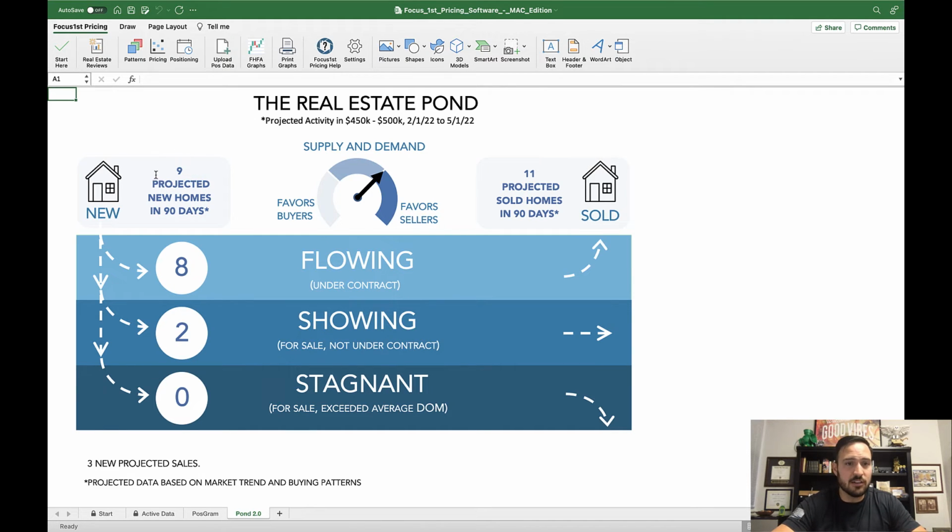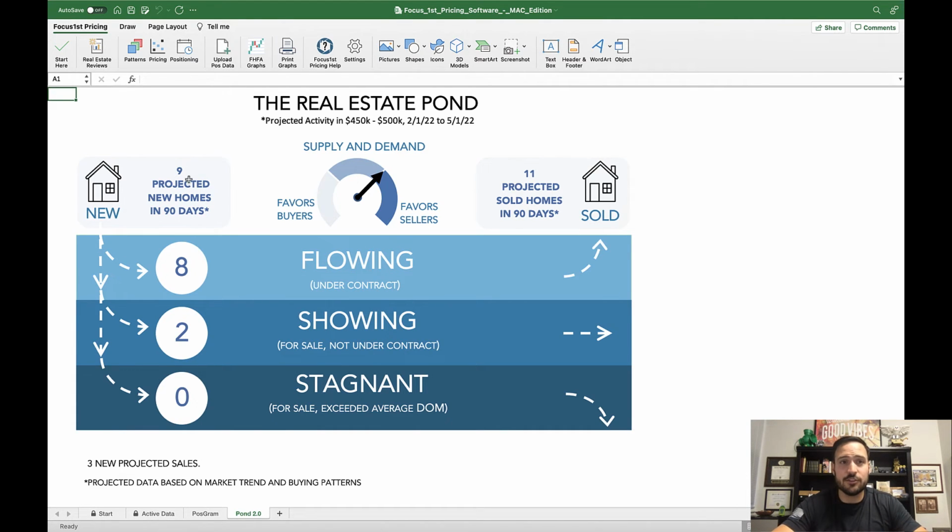However, looking here and seeing that 9 projected new homes are coming in the next 90 days means that we are not necessarily the only people in the game. So the future competition does put us in a situation where it won't be 100% all the way in our favor, but it does show that there is some opportunity. So it favors sellers, there is some competition coming, and now we've answered the future competition and momentum factors.